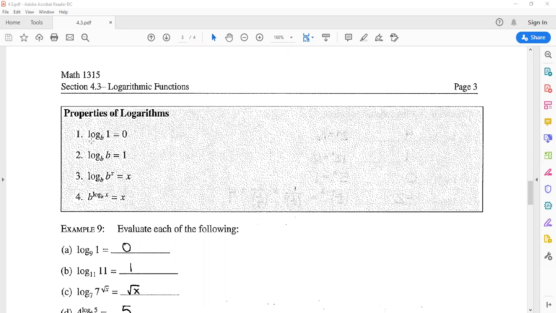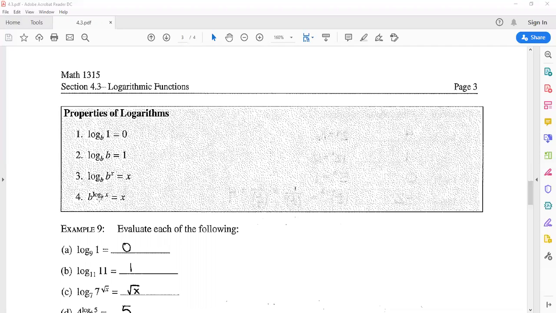And similarly, we have log base b of b equals 1. This corresponds directly to the exponential function fact that b to the 1 equals b. So these two we get for free from exponential functions and the definition of logarithm.